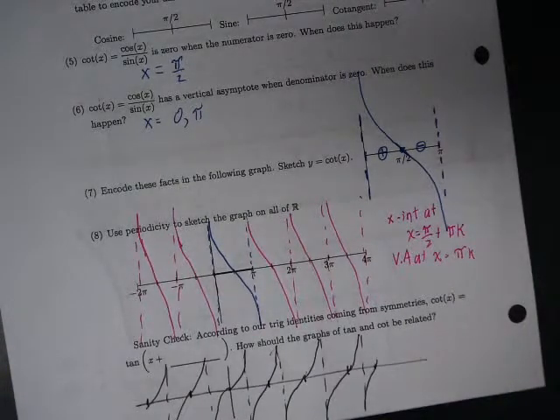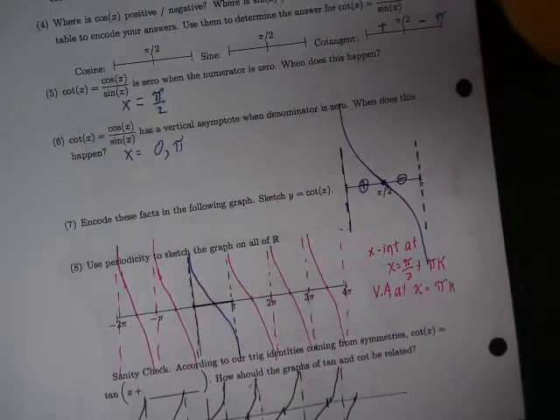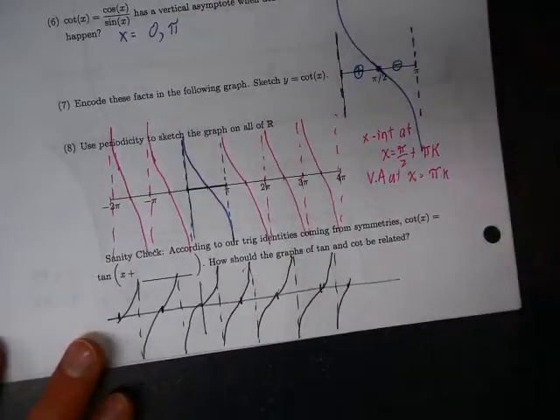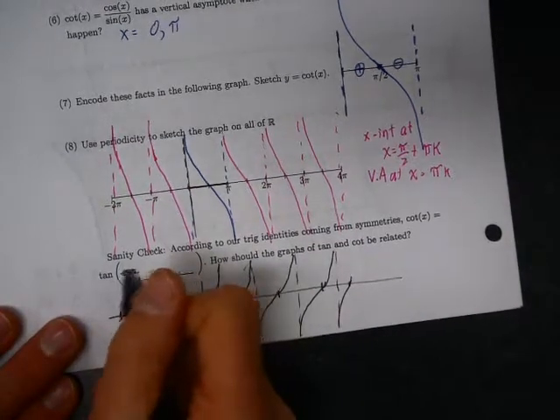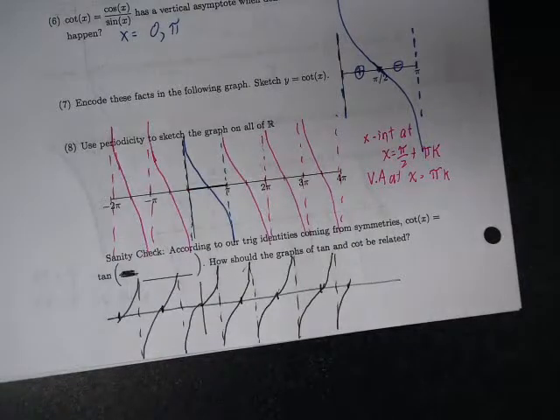So just by looking at these two graphs, they look pretty similar, right? What transformation goes from this to that?